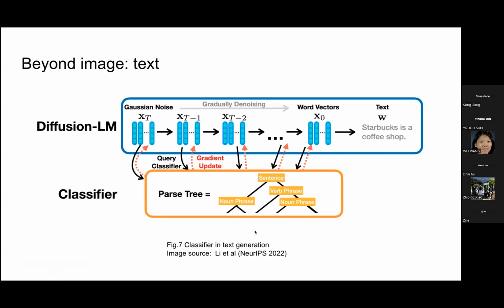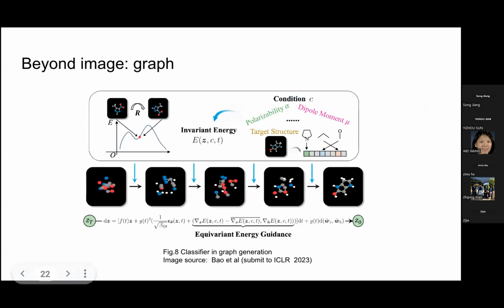For example, in this year's newest paper, they try to use a parse tree as the classifier to provide guidance to a diffusion language model. So this is for text. And in this year's ICLR, there's a submission about molecule generation, where they design, with a graph neural network or whatever, a classifier that can predict the property of a molecule as the guidance.